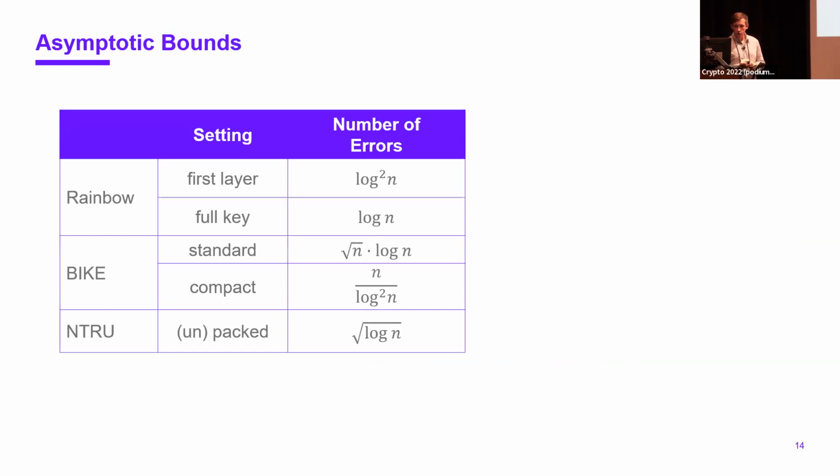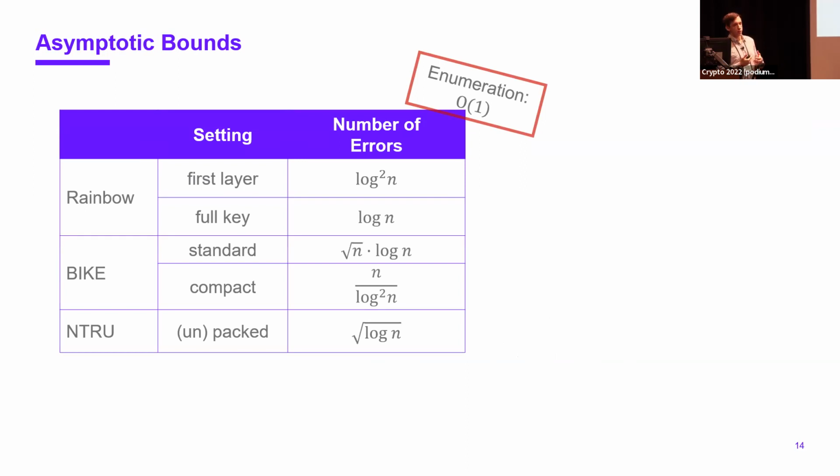Let's cover the asymptotic bounds first. So we have again the different settings, and we see how many errors we can tolerate to still recover in polynomial time. Again, an enumeration approach here would only allow for a constant number of errors because we don't know the position of the errors.